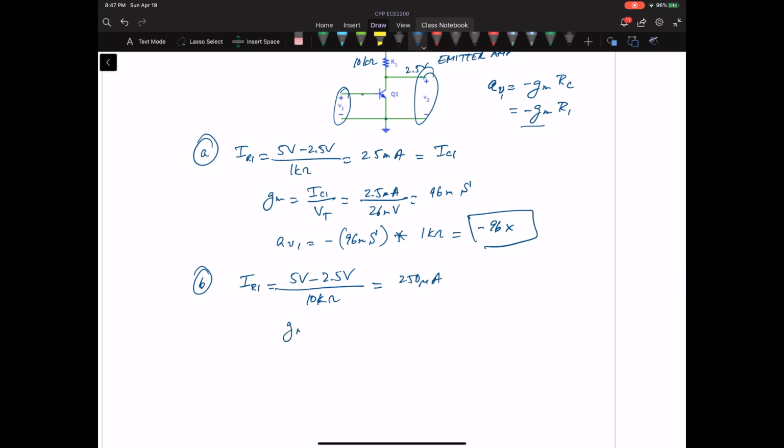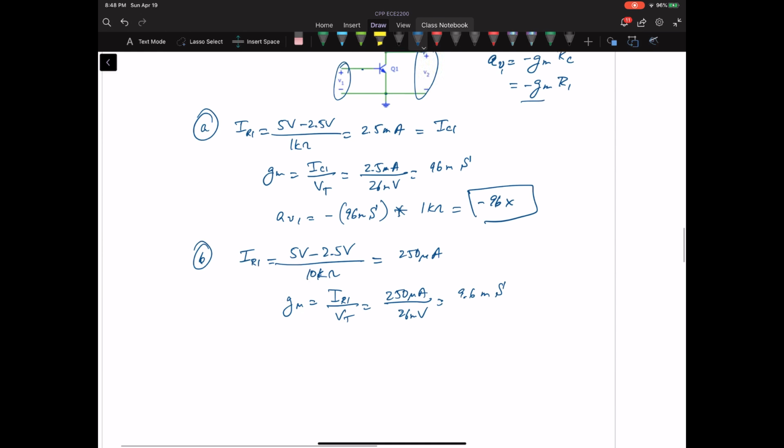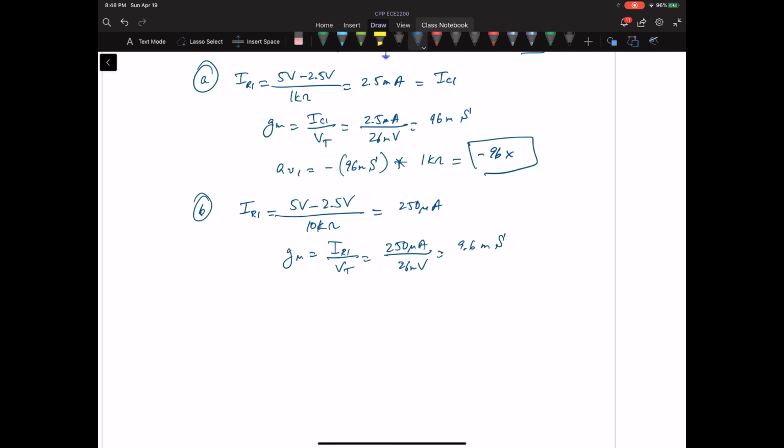Because of that, gm is also down by a factor of 10, so gm goes to 9.6 millisiemens. Now we calculate the gain again, Av2 equals minus gm2.